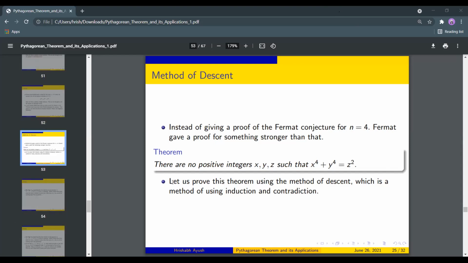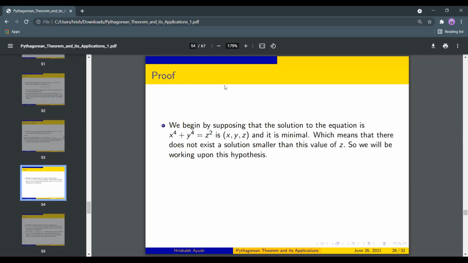So what is actually the method of descent? It is a clever way of using the method of induction and contradiction. You suppose something and then you try to induct on it and then you find the contradiction. So we'll see how that works. We begin by supposing that the solution to this equation is x, y, z and it is minimal. By minimal, I mean that they are primitive, or the least value that we can find.